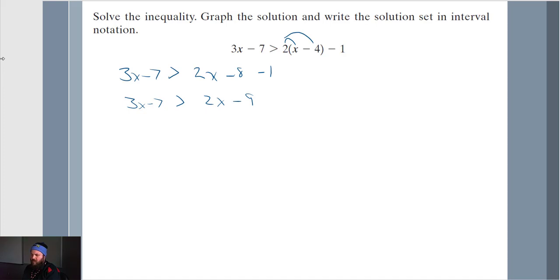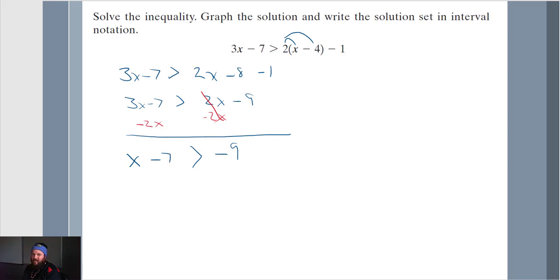And now let's go ahead and simplify this even further. So with this, let's go ahead and take 2x from both sides. So minus 2x, minus 2x. So these will go away, and we'll be left with a negative 9 on the right side, and we have 3x minus 2x, which gives us x, and then we have minus 7.